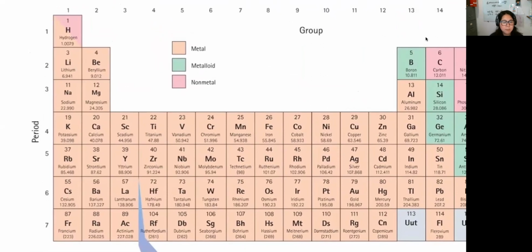It's atomic number 11. How many protons does sodium have? 11. How many electrons does sodium have? 11. So there are 11 protons in the nucleus and 11 electrons.